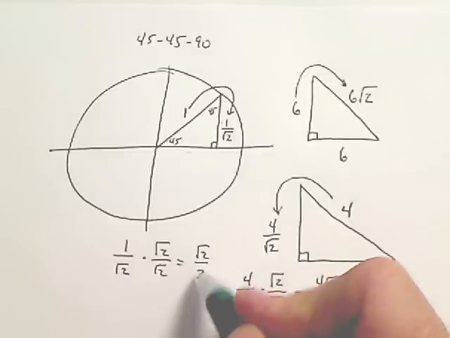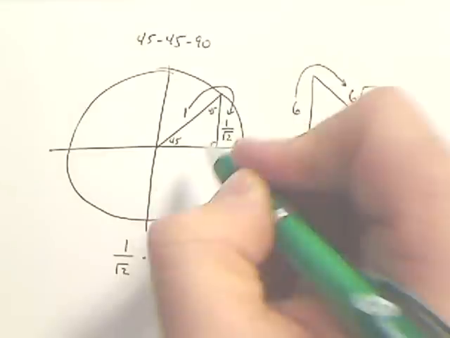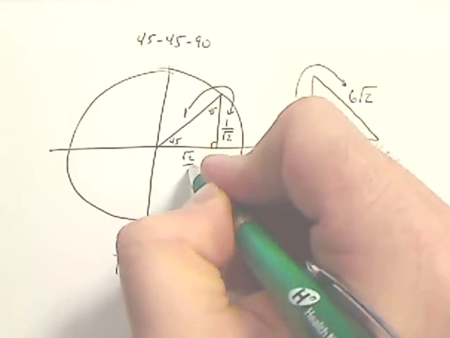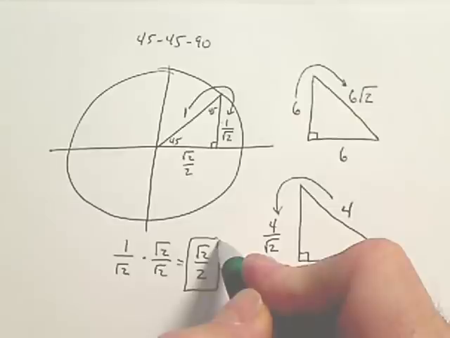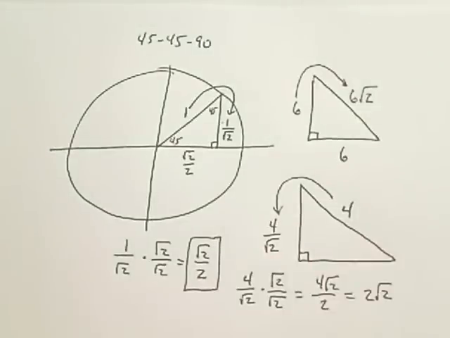So that's it. This root 2 over 2 are the legs of a 45, 45, 90. So that guy, store in your brain, memorize that, that's crucial.